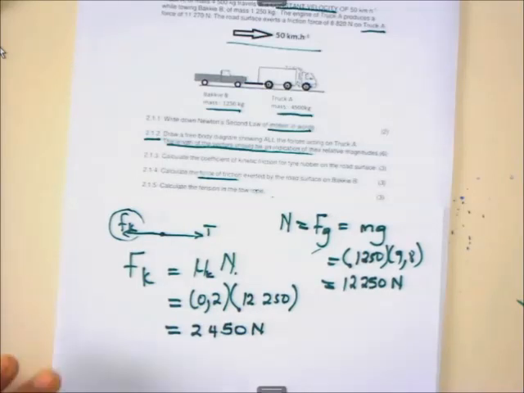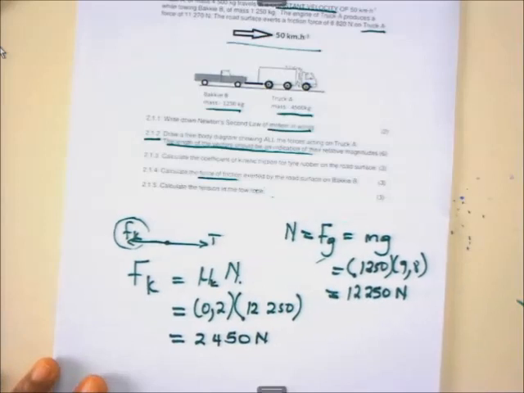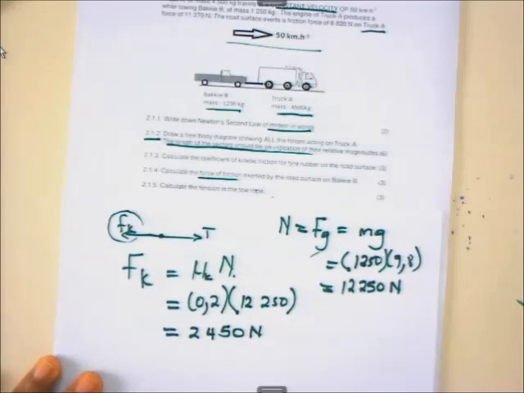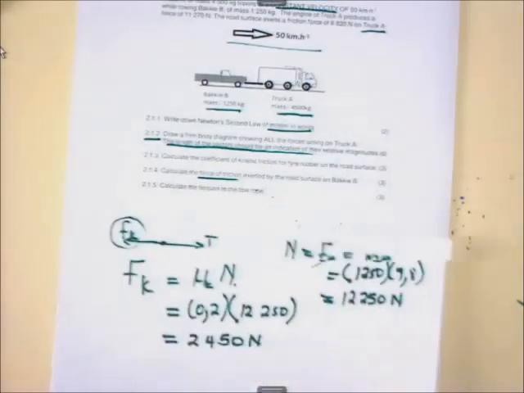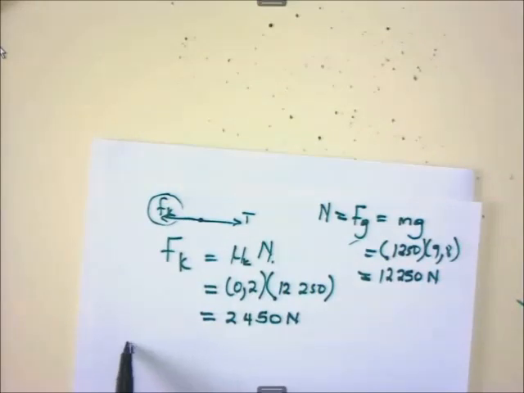Then when we move on to the next question, it says calculate the tension in the rope. So when we calculate the tension in the rope, let me just write here. The first thing that you do, just say F net is equal to ma.